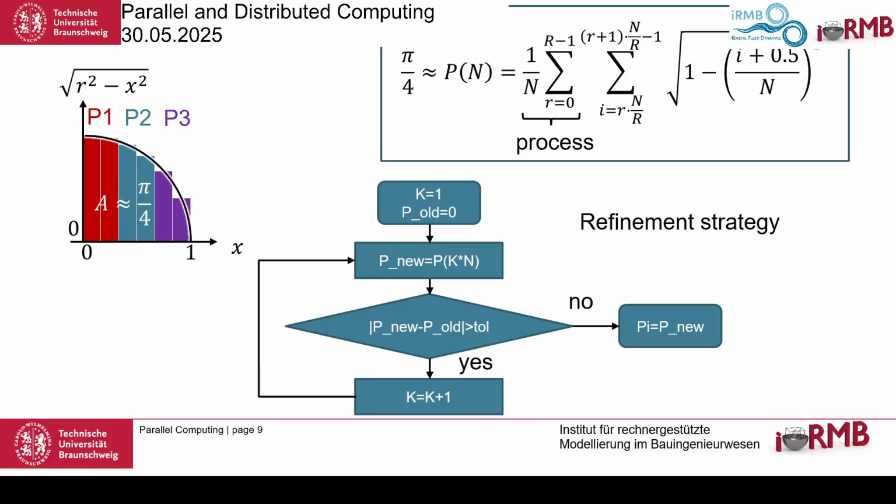For example, by calculating a smaller integral and a larger integral, or say one with n points and one with k times n points, comparing the two, so the previous result to the new result, and say whether the change when you refine is smaller than the tolerance, then stop, otherwise you go on refining.